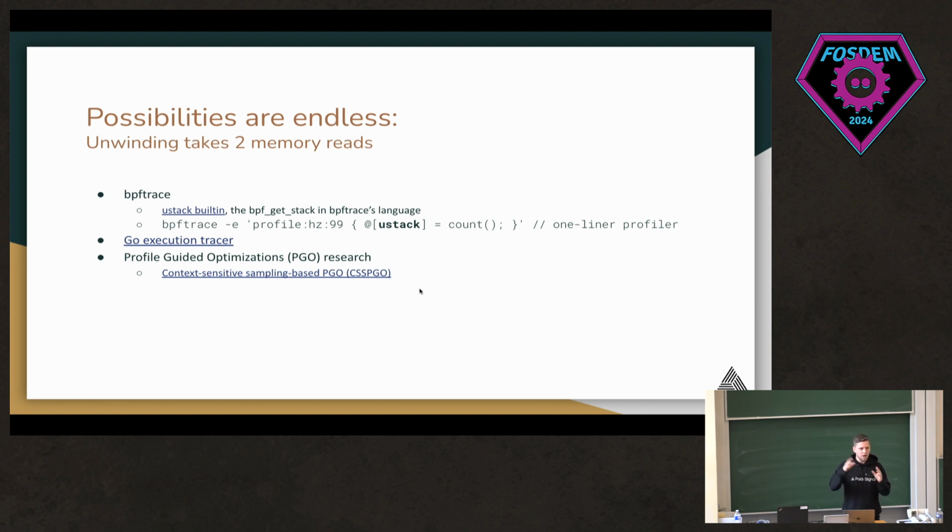As some outlook, there's a super new paper on context-sensitive, sample-based profile-guided optimization. We are super excited about it, because it will allow a lot more things to happen as well. But maybe another FOSDEM talk will happen about that in a year or two.